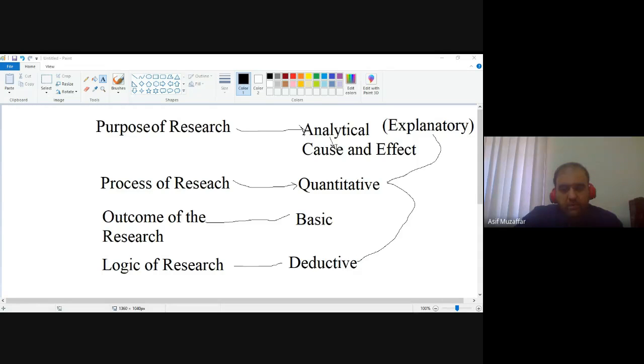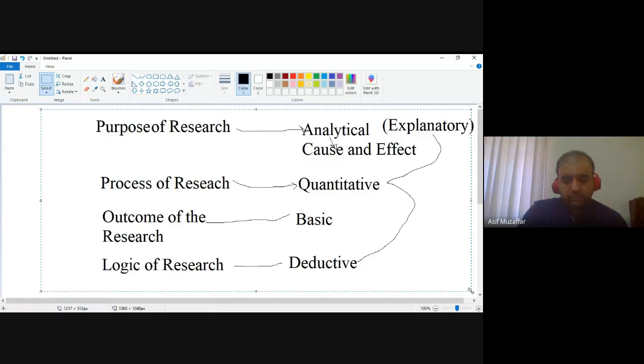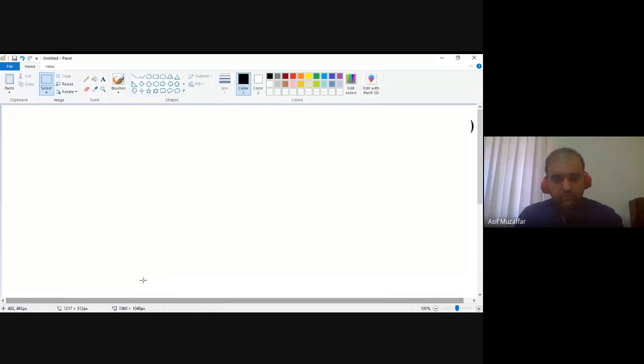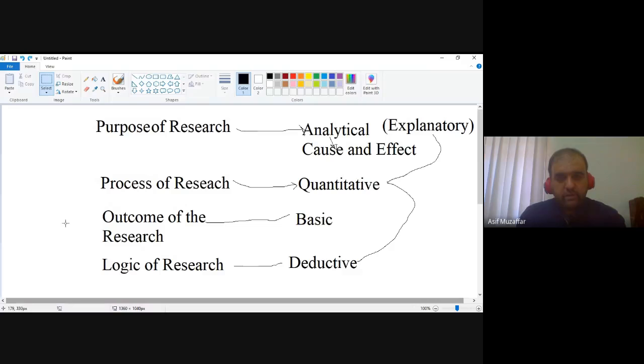So I hope you have taken the snapshot of it. So let me remove it. Why did I remove all of it? I can just remove this side.